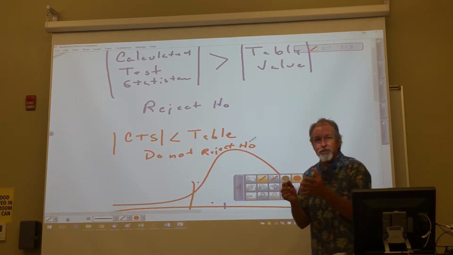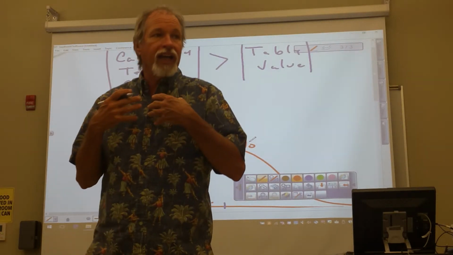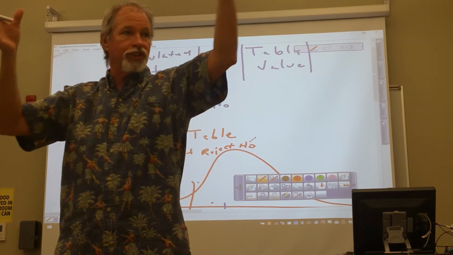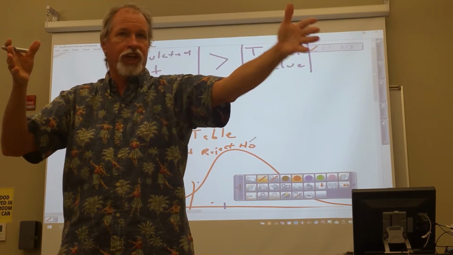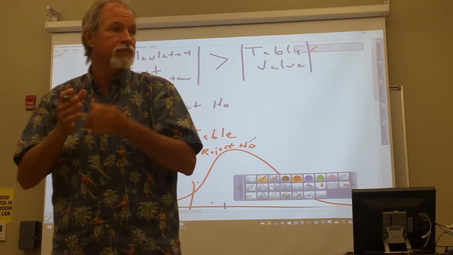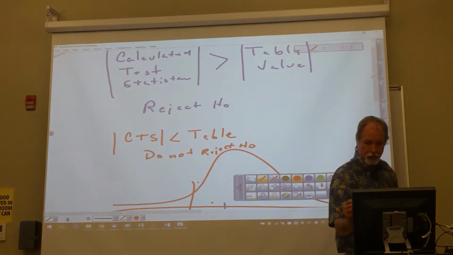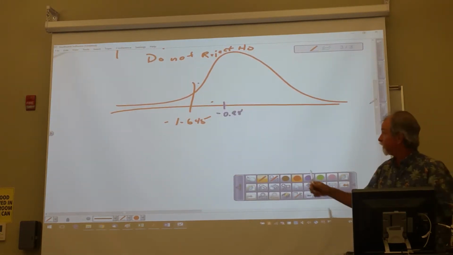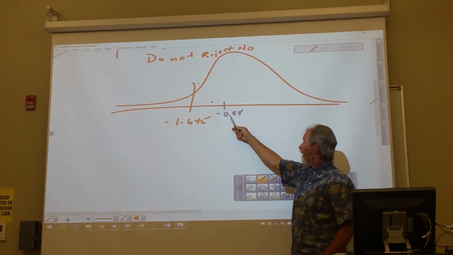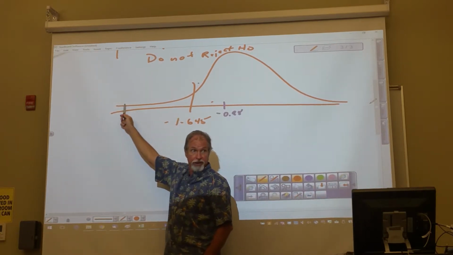I don't care which way you say it, but I have to compare the two. And I have a terrible time remembering it. I plot it. If it's in the tail, I reject it. If it's in the body, I do not. I always draw this picture, no matter what. If I'm in here, then I do not reject. If I'm out here, I reject.